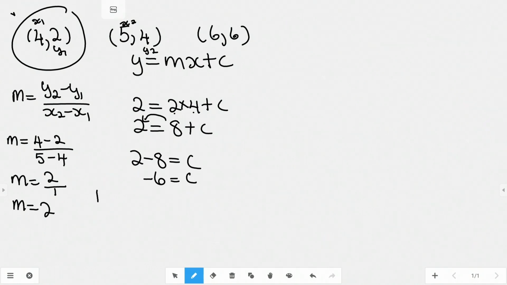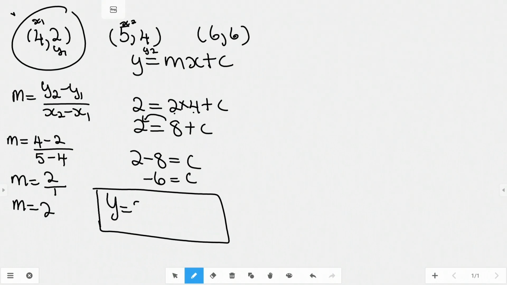Now that we have the gradient and the y-intercept, the equation of this line is y is equal to 2x take away 6.